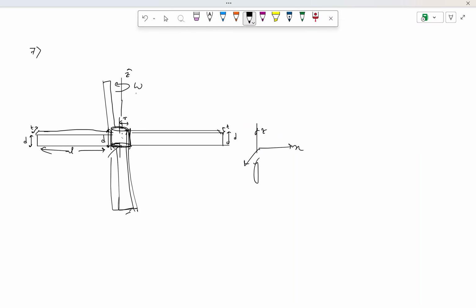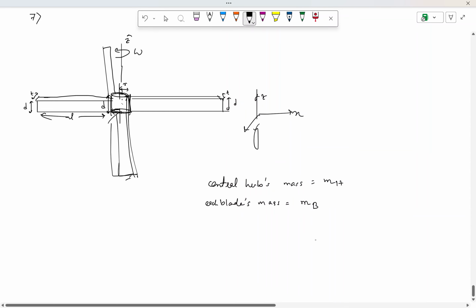So now the central hub has a mass, and the appendages have a different mass. So the central hub's mass is equal to mh, and each blade's mass, there are 4 of them, each blade mass is mb.